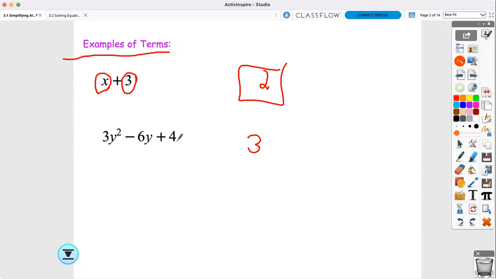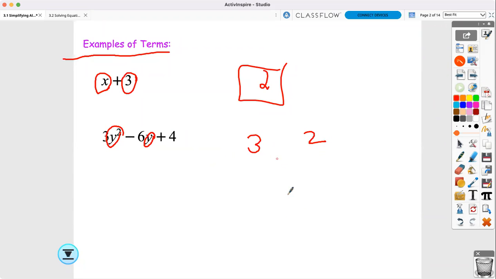Name a term. There's y. So this y is in the term by itself, as well as y squared. Y squared is a term. Oh, I take that back. It's actually just 2. Okay, so Justin's changing it back to 2, guys.